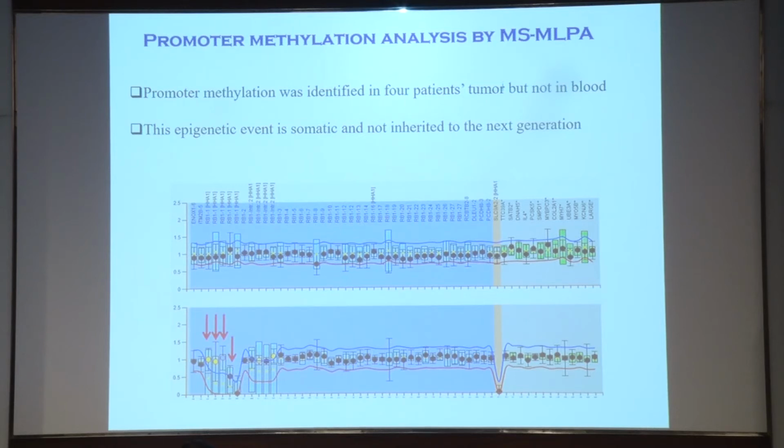So it is important to note that this promoter methylation was found in the tumor and not in the blood. This is an epigenetic change that has occurred and is somatic and cannot be inherited by the next generation. It's very important for us to understand this. When something is not found in the blood, it will not be inherited by the offspring.